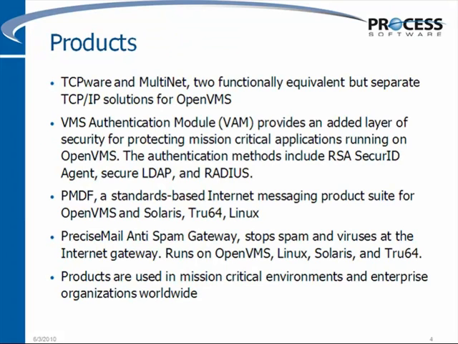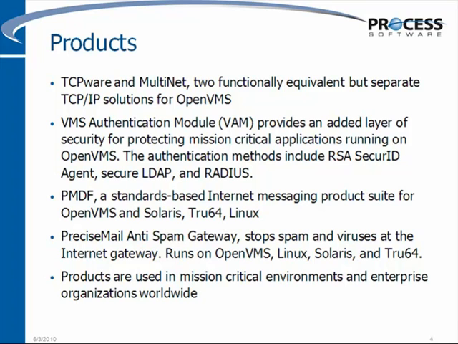As a little more detail, Multinet and TCPware are functionally equivalent but separate TCP/IP solutions for OpenVMS. We continue to develop both of them because we have customers that prefer each one. We tend to focus on common code development so that we do our work once and can integrate it into both and support it very easily that way. VMS Authentication Module provides an added layer of security for protecting mission-critical applications.